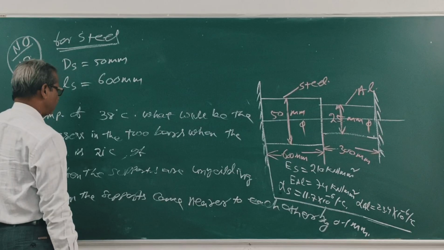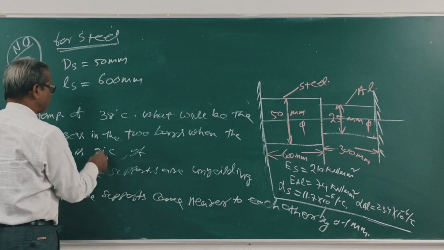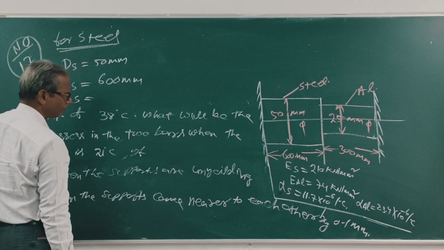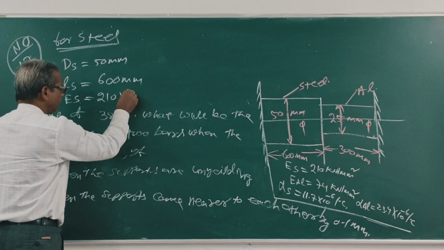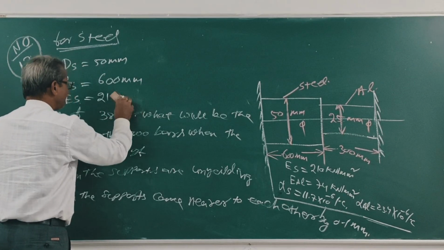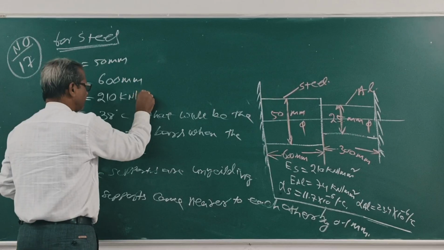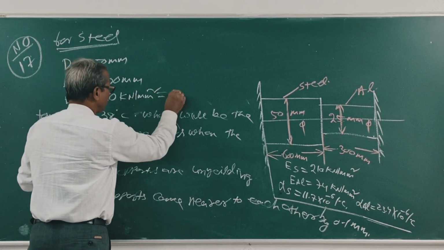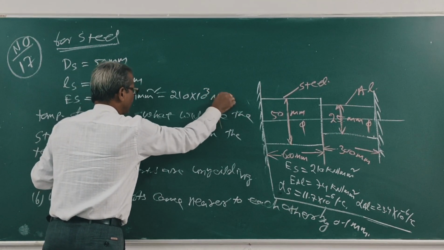And Young's modulus ES is equal to 210 kilonewton per mm square. Clear? This is 210 into 10 to 3 Newton per mm square.